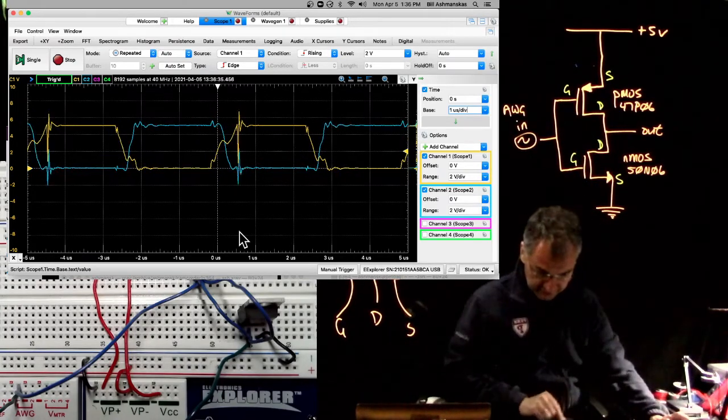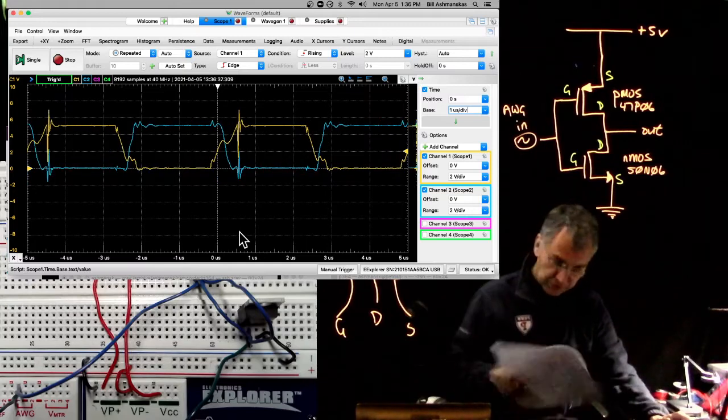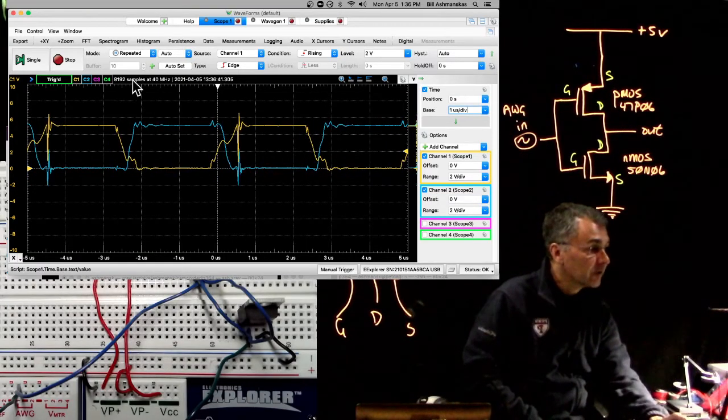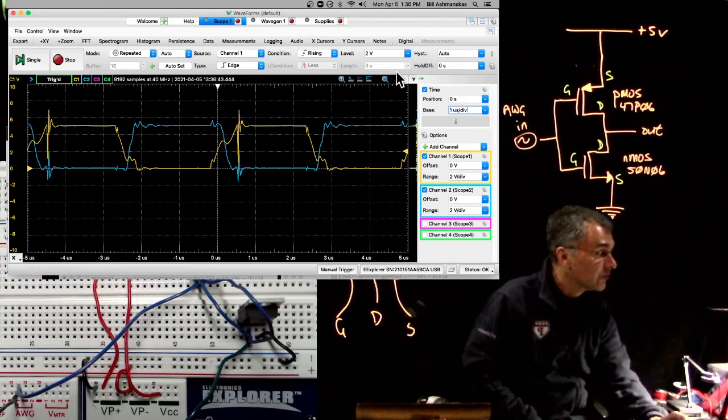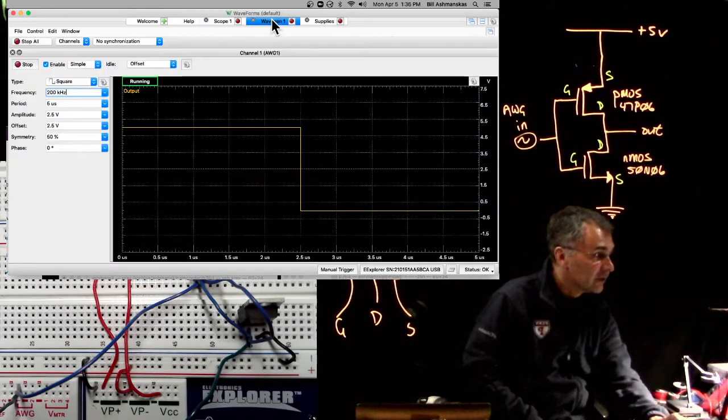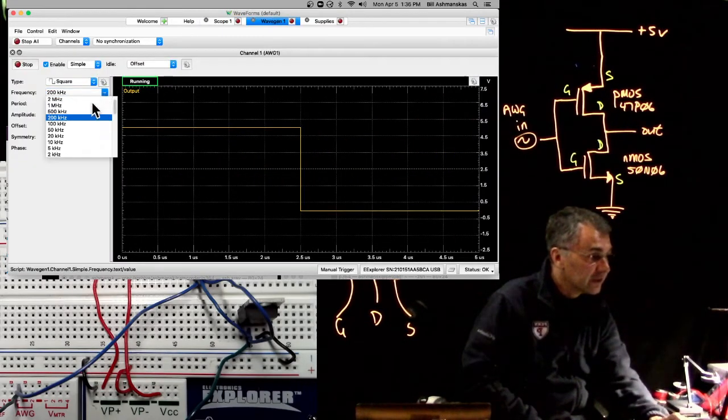One more thing I think we could do, which the script doesn't tell us to do, let's try a triangle wave instead of a square wave. Let's also slow it down a little bit, and we can try to look more closely at the transition crossing. So let's go down to 1 kilohertz.